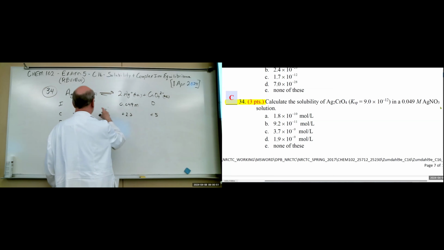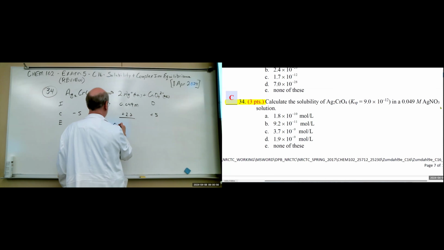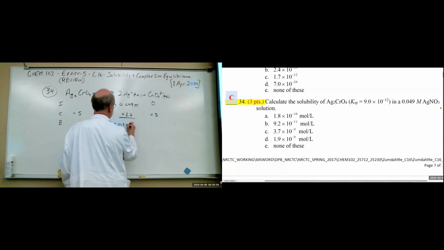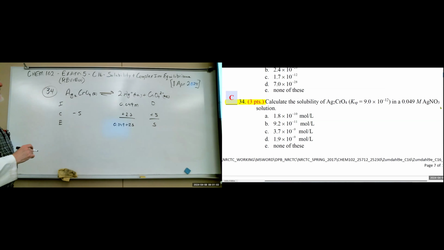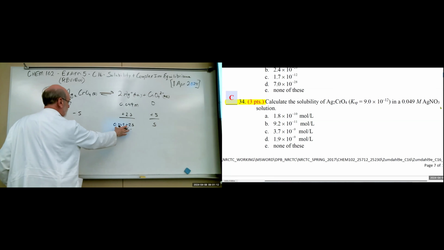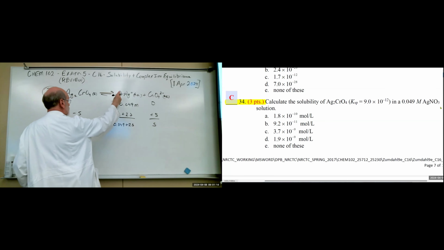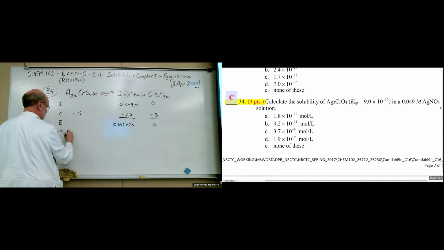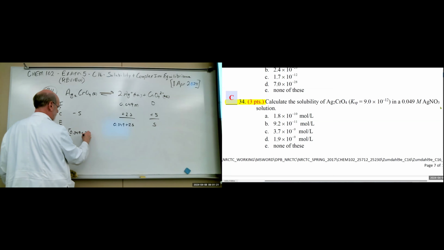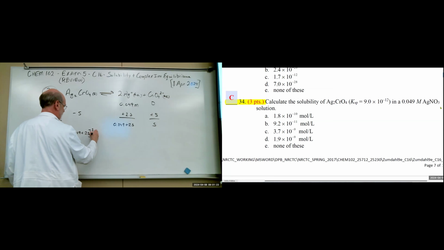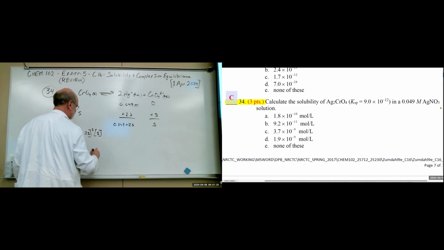All right, so when we add them together, 0.049 plus 2S and then S. And our KSP is 9 times 10 to the minus 12 equals this concentration squared times this concentration.